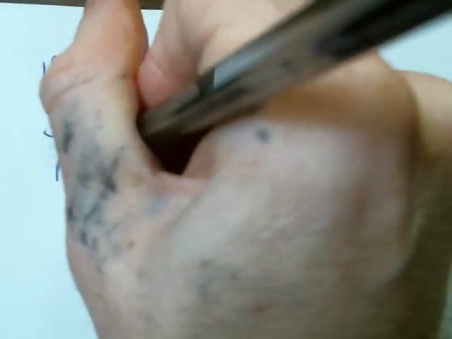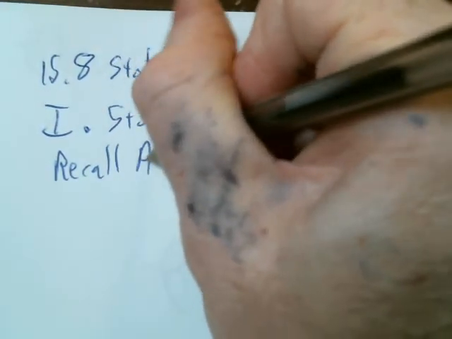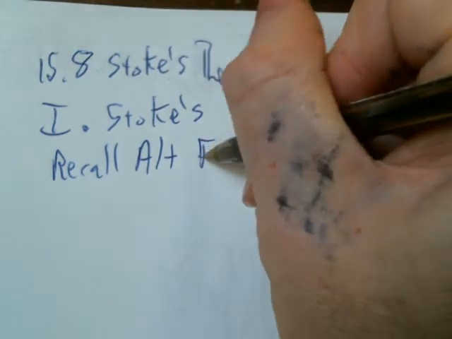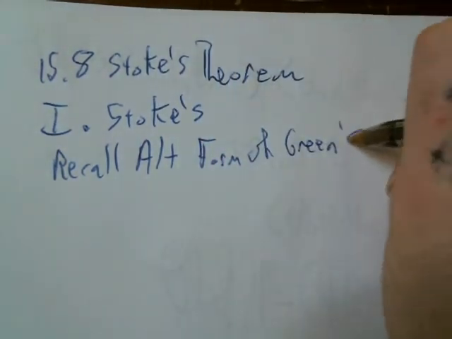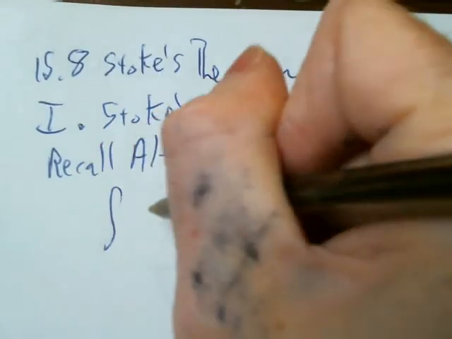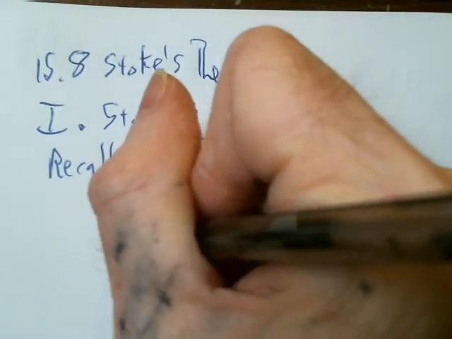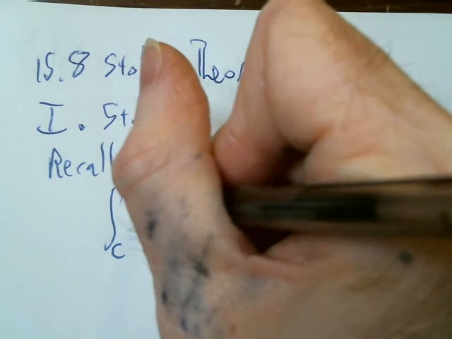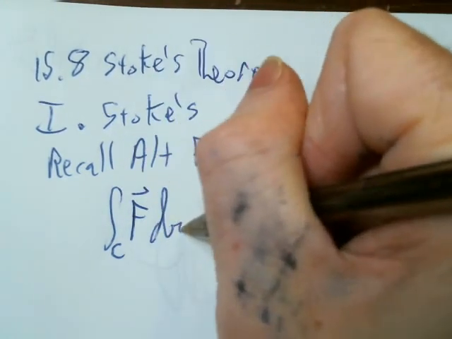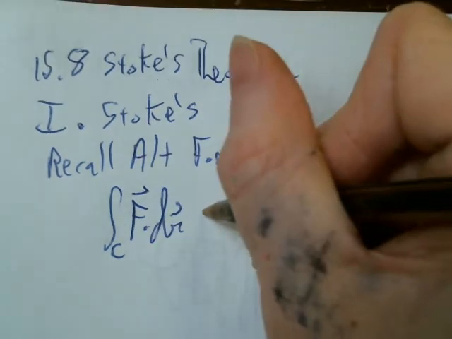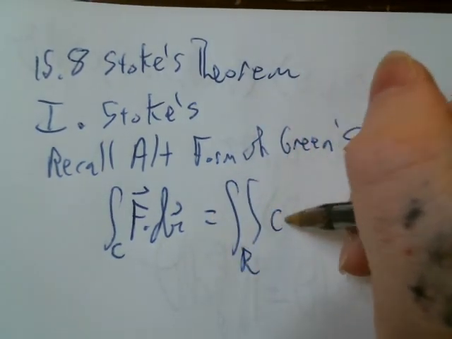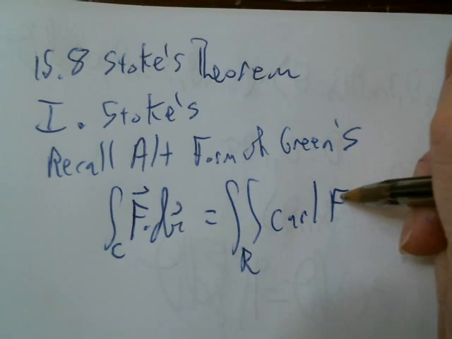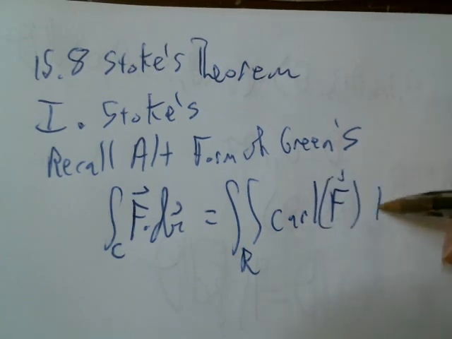So recall that basically what we have is a line integral over this vector field, and we said that was equal to the double integral over this region of the curl of F dotted with this unit vector.